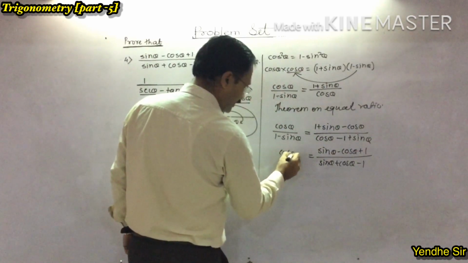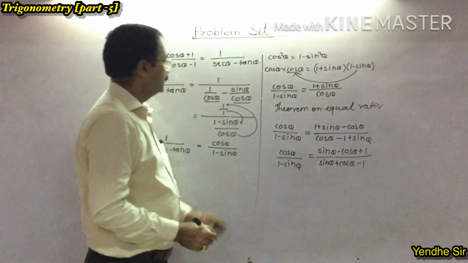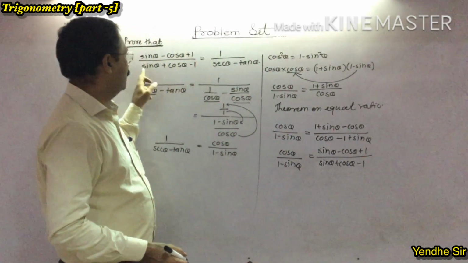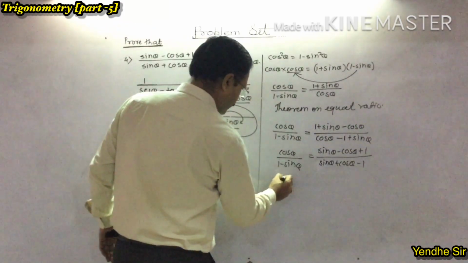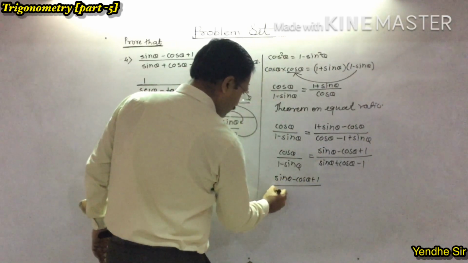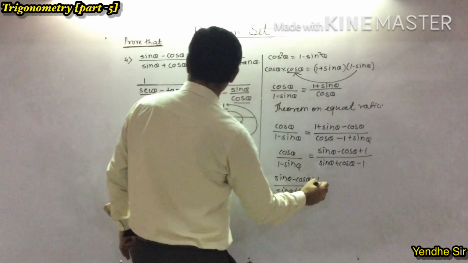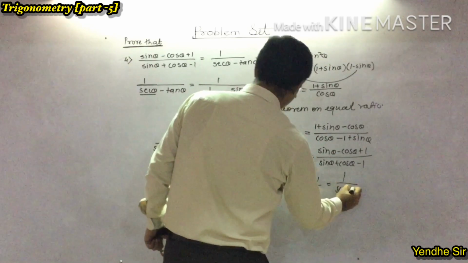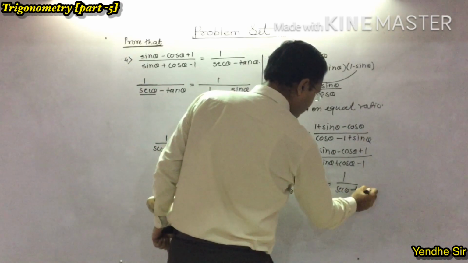So you will get this answer. After that you have to write: sin theta minus cos theta plus 1 upon sin theta plus cos theta minus 1 equals 1 upon sec theta minus tan theta. Hence it is proved.